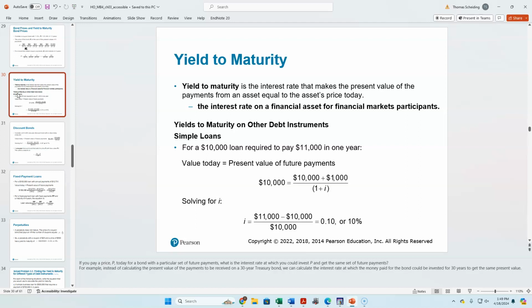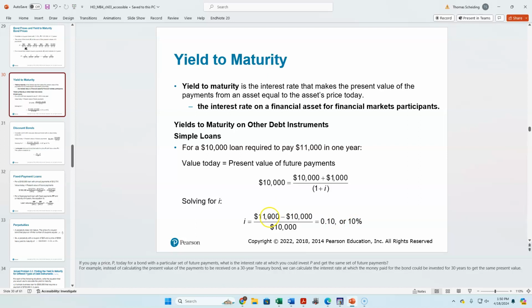So if I had a $10,000 loan and I was required to pay $11,000 in year 1, well, then essentially we could break that down and solve for it. In this simple math, we could see that this is 10% higher, and so we would know that this is a 10% interest rate.